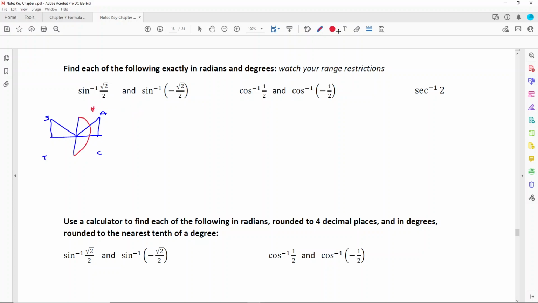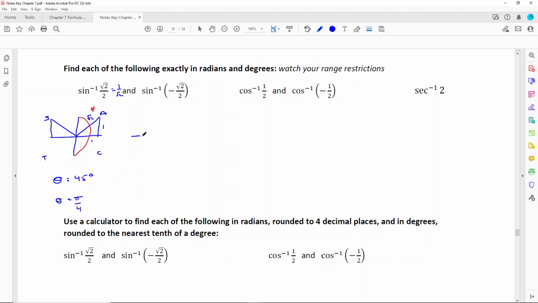So then I figure out what angle. We're always talking about these special triangles. So it goes 1, 1, root 2. What angle has a ratio of root 2 over 2 in my restricted range? Well, it's 45 degrees, which in radians is pi by 4.